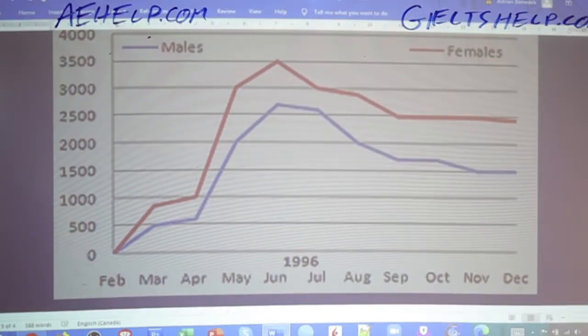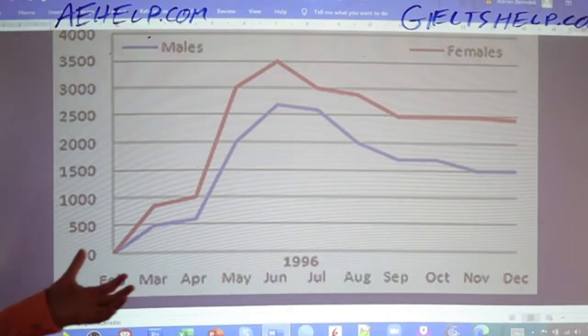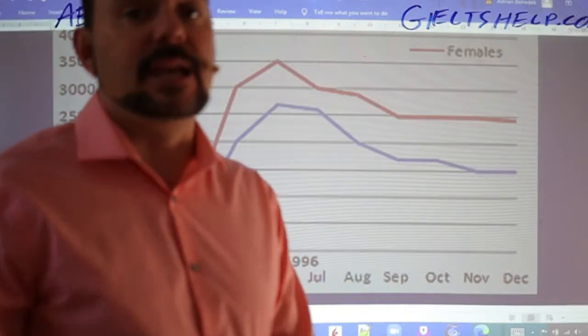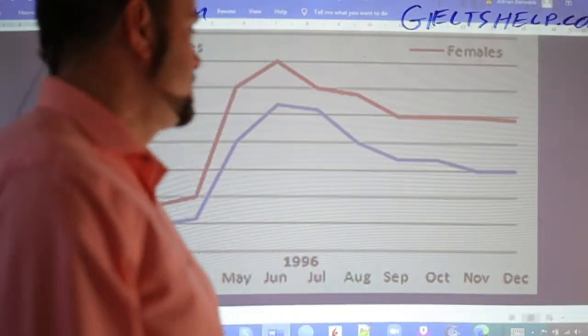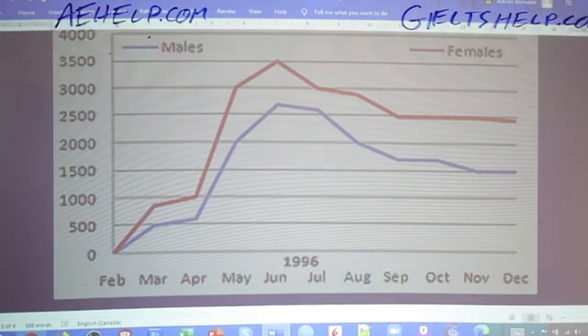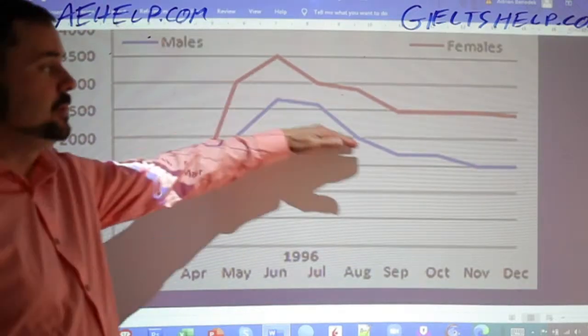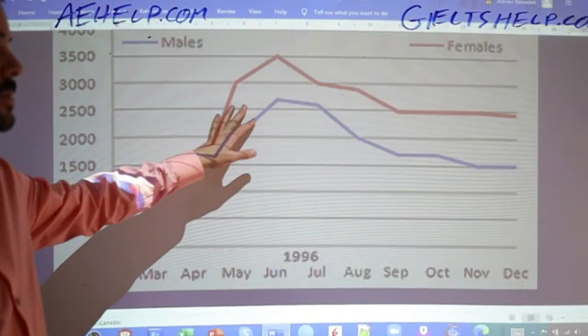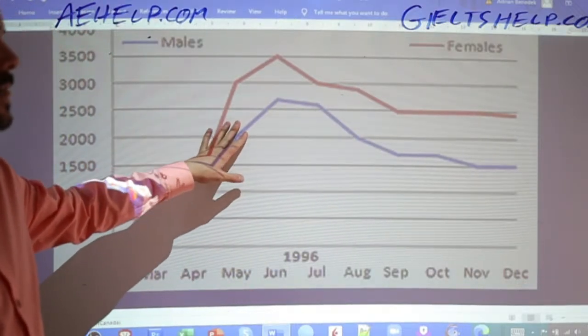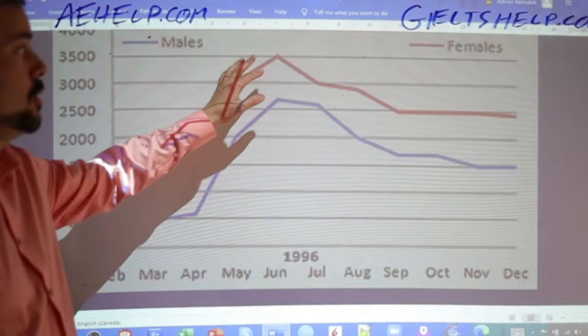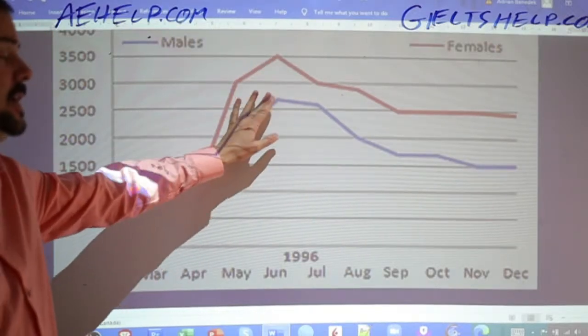All right. Now, what you can do is use your overview as your thesis statement. Okay, so as your thesis statement. So the first point in our overview is that the pattern is similar. Okay, so the pattern is similar, and there are more female cases than male cases.